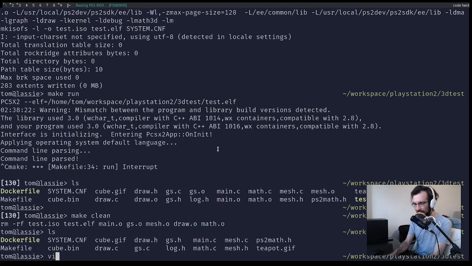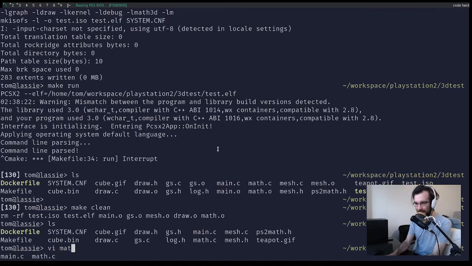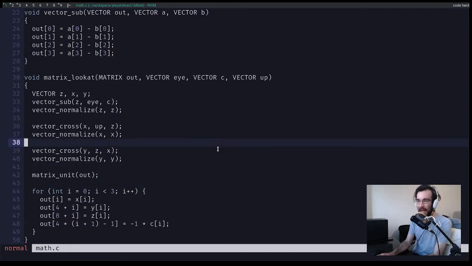Let's think. Okay, so if I go into math.c, I've got this wonderful lookat matrix. I'm slightly confident this might be working, but I'm not totally sure. This looks right, and I've actually used this exact algorithm to some effect before. I'm pretty sure this works.